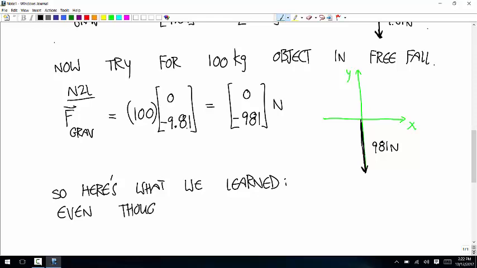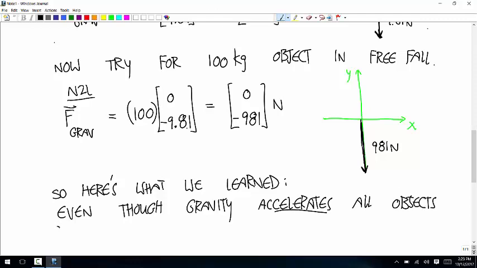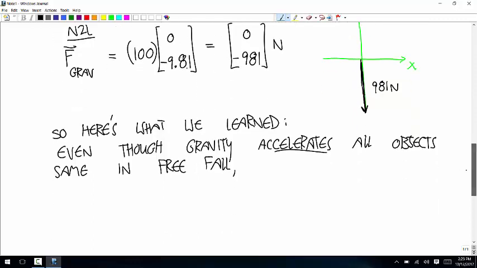So even though gravity accelerates all objects the same in free fall, it applies different forces to them.